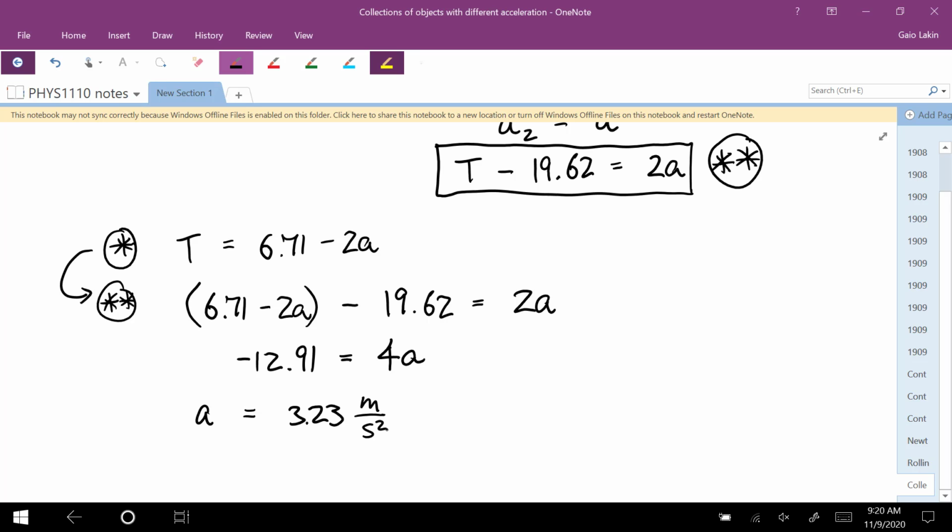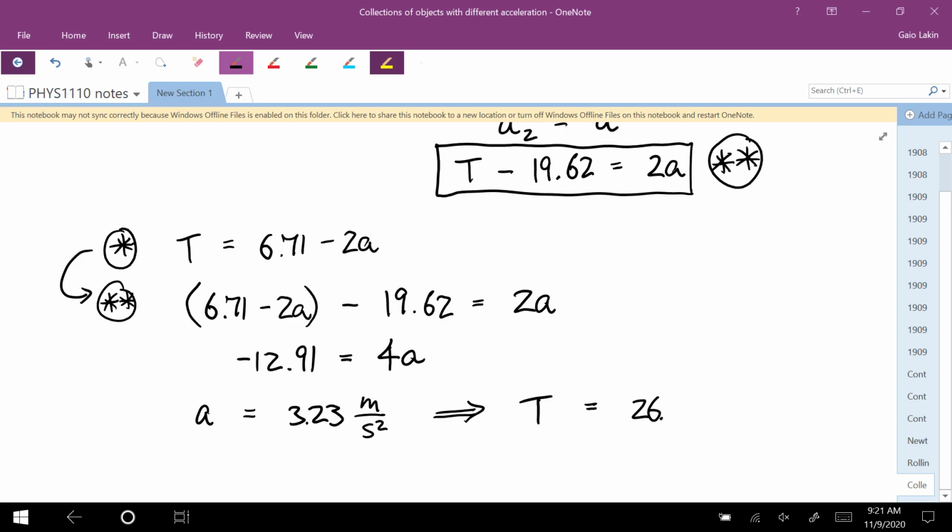Now you can use, let's say, equation 2 star to find T. Just plug this A value into the A in equation 2 star. And you get that T is equal to positive 19.62 plus 2 times what we just got for A. And so this T value is equal to 26 point, let's see, is that right?